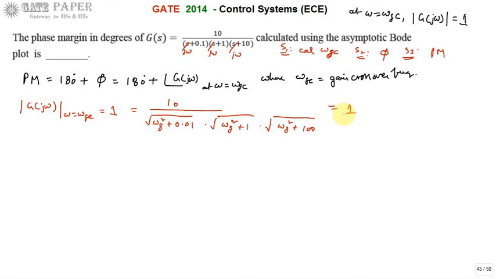So take square on both sides, then 100 is equal to omega g square plus 0.01 into omega g square plus 1 into omega g square plus 100.